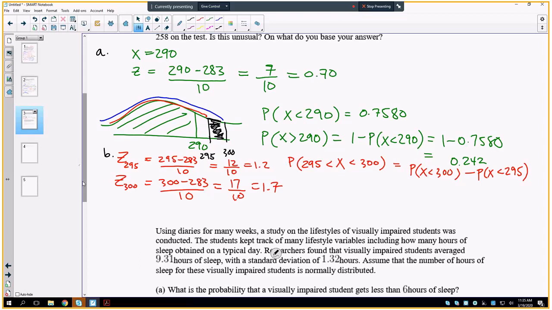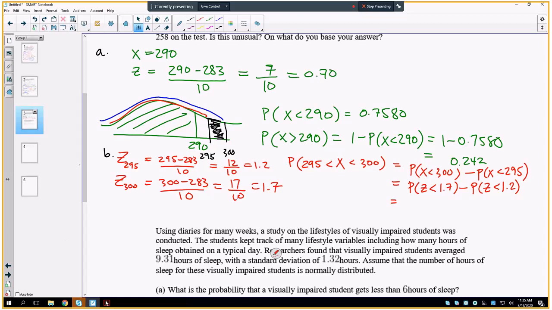Okay? And so that we can convert in terms of z so that we can use our table. So that's the probability that z is less than 1.7 minus the probability that z is less than 1.2. I should be able to find those numbers in my table.